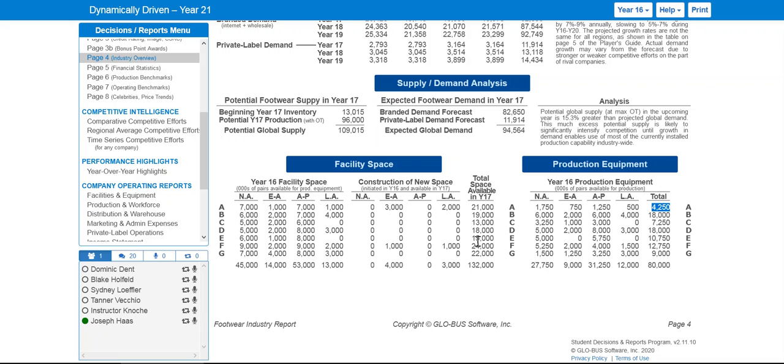They had unused space. Team F, 24,000, yet they only had equipment for 12. 22,000, yet they only had equipment for 9. That makes no sense. And you can see all the companies except for Team B and Team D were really utilizing all of their factory space.